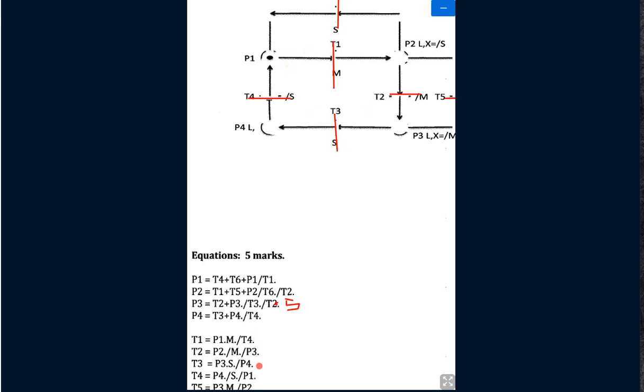I put T4 bar. Let me check again. It's wrong, it's not T4 bar. This one is supposed to be P2 bar.